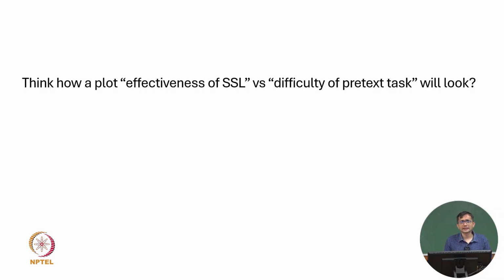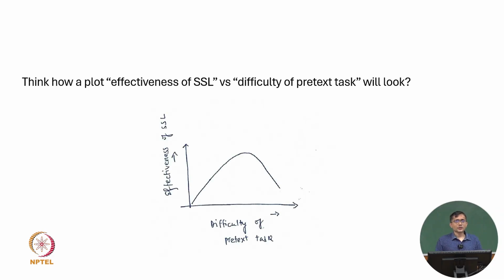Most likely, no. Most likely, what will happen is that with the difficulty of the pretext task, the effectiveness of the SSL itself will improve for some time. Okay, as you make the pretext task very, very difficult, very challenging, at some point the effectiveness will again drop.